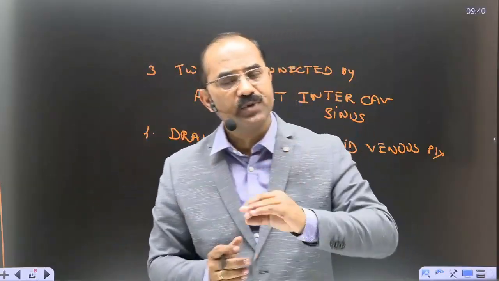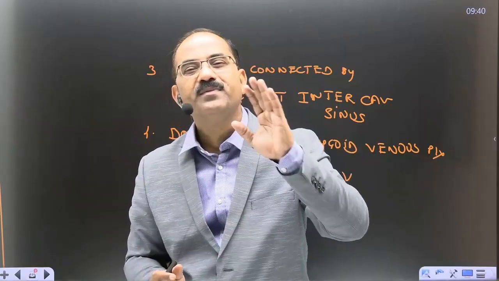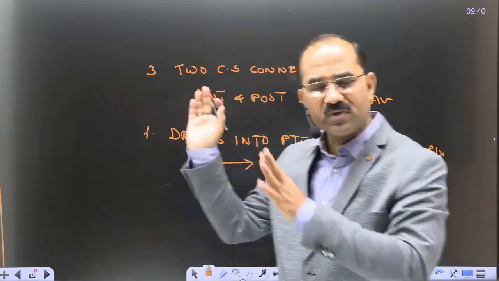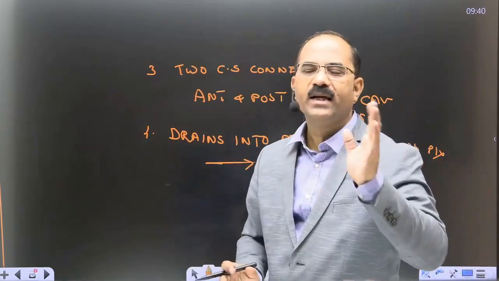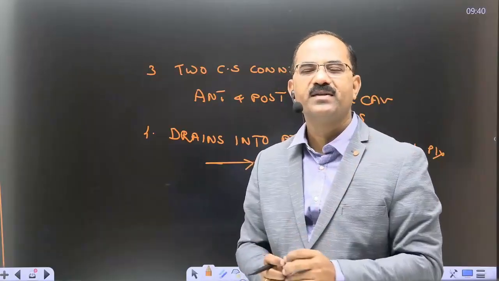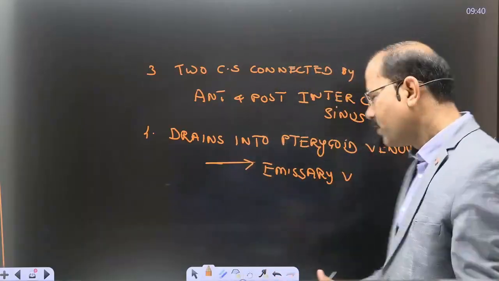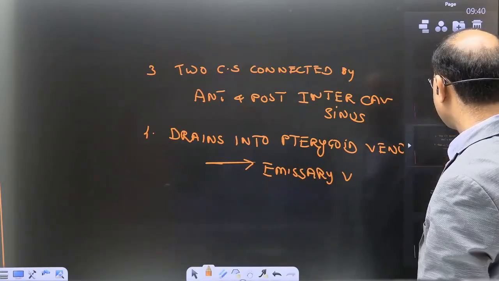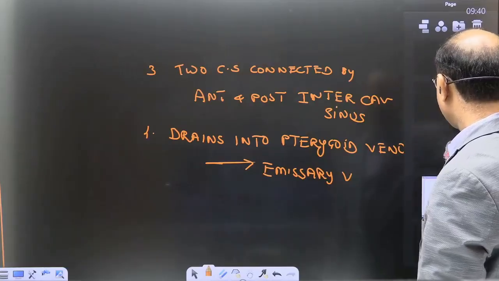After that, I told you the tributaries of the cavernous sinus, so just remember that flow chart. And finally, I told you the draining channels of the cavernous sinus, how the blood gets out from the cavernous sinus through its various draining channels. Clear to all of you?